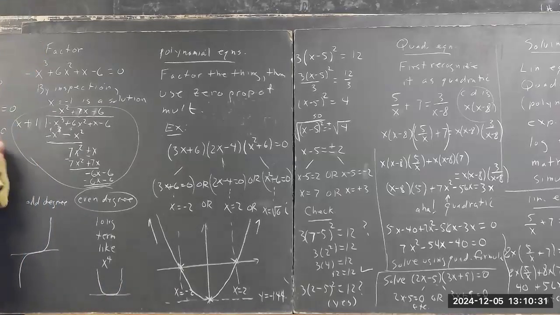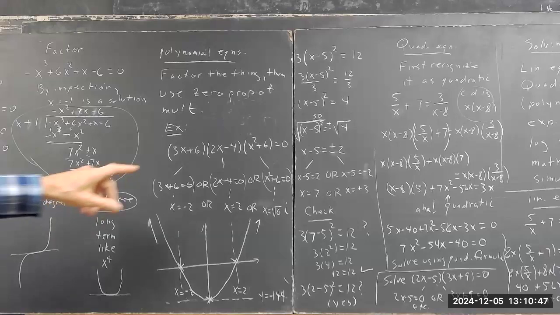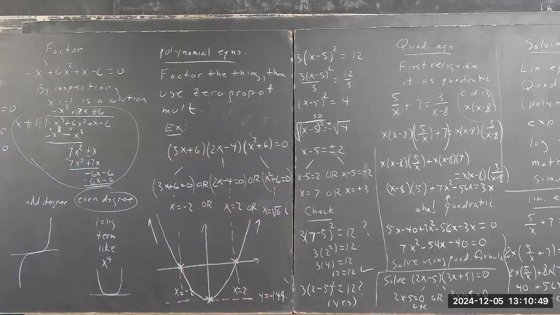Right, just a little slower, so I have time to do it correctly. I'm sorry. x plus 1 times x minus 6 times x minus 1 equals 0. And now we just break it into 3 equations. And we get x equals -1, x equals 6, x equals 1.